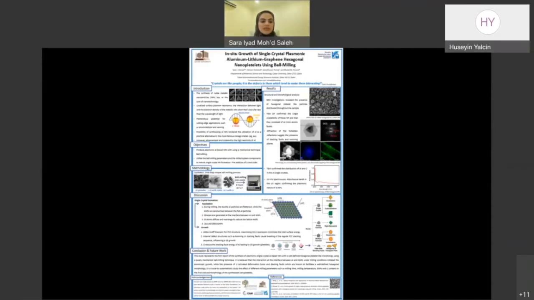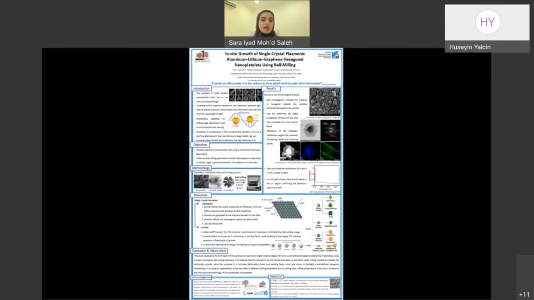So the objective of this research was to synthesize plasmonic anisotropic aluminum-based nanoparticles using a purely mechanical technique to avoid the problem of aluminum's high reactivity. Now, in this study, the synthesis technique of choice was ball milling because of its simplicity and ability to produce nanomaterials.